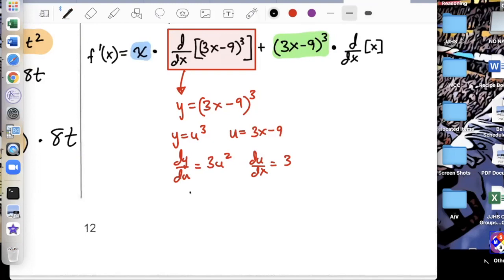But the dy dx here is just going to be 3 times the u, which is 3x minus 9, squared, times 3. This part, we don't have to differentiate that x.